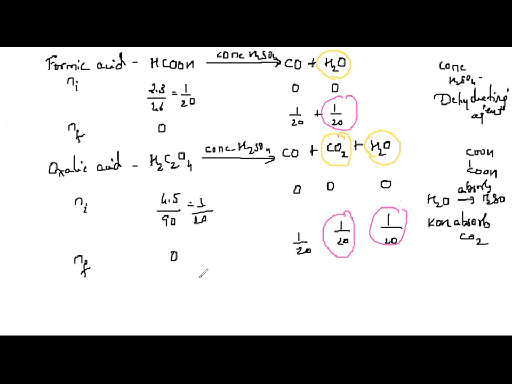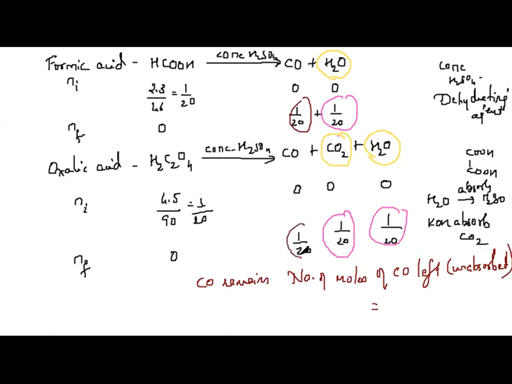So carbon monoxide remains. I need to find the number of moles of CO left. How many moles of CO will be left? Left means unabsorbed. They will be left unabsorbed because they cannot be absorbed by KOH nor by concentrated H2SO4. So here it is 1 by 20, and here it is 1 by 20. So 1 by 20 plus 1 by 20 comes out to 1 by 10. Yes. So I need to find mass because they have asked it in grams.